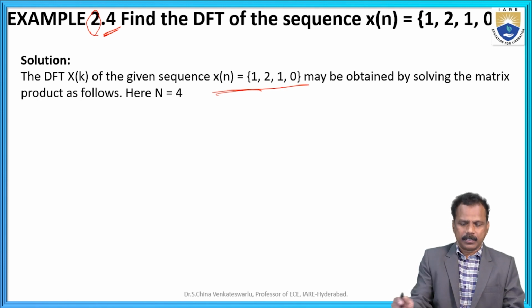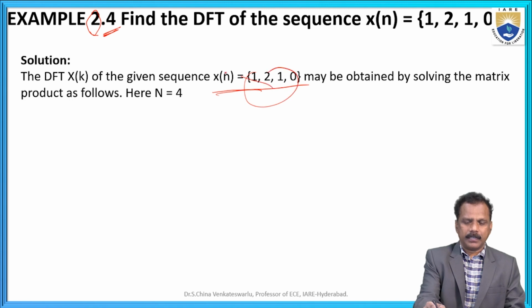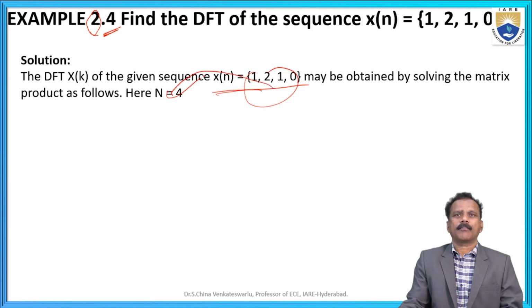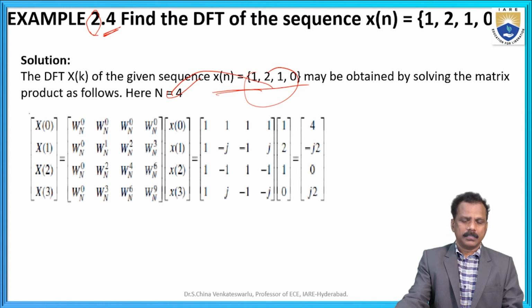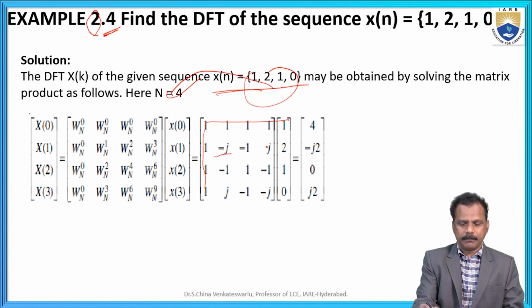Based on this we can decide that N is equal to 4. According to the formula, the twiddle factor values are known: minus j, plus j, plus j, minus j, minus 1, plus 1, minus 1.